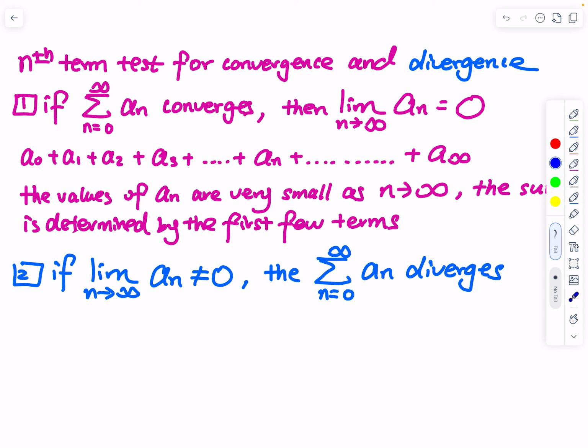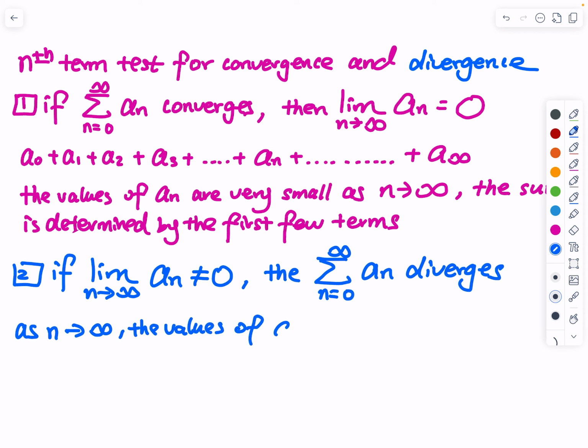And then number two, if the limit is not equal to 0, then the series diverges. That means these values are not equal to 0. I should write some explanation right there. As n approaches infinity, the values of a_n are not close to 0.